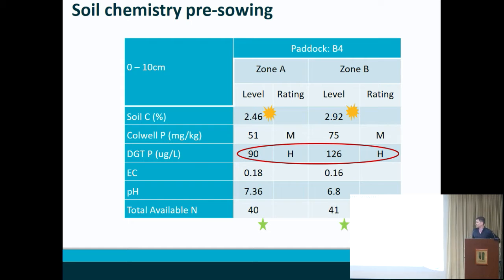Because we have the soil chemistry, we can start exploring aspects of that. In this particular instance, we had very good levels of organic carbon by Australian standards. We had very high levels of phosphorus, and we had good availability of nitrogen. So there didn't appear to be any particular issue with soil chemistry.